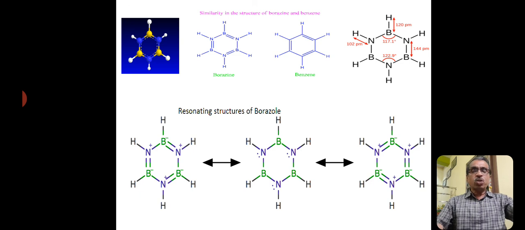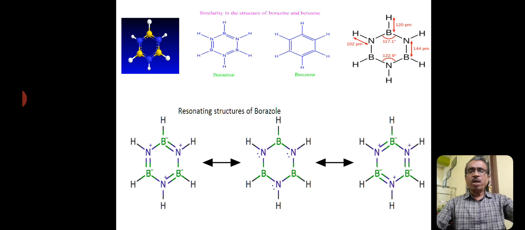In the structure of borazine, the B-H bond length is 120 picometer and the N-H bond length is 102 picometer. This shows that the B-H bond length is greater than the N-H bond length. And in the ring, the N-B bond length is 144 picometer.